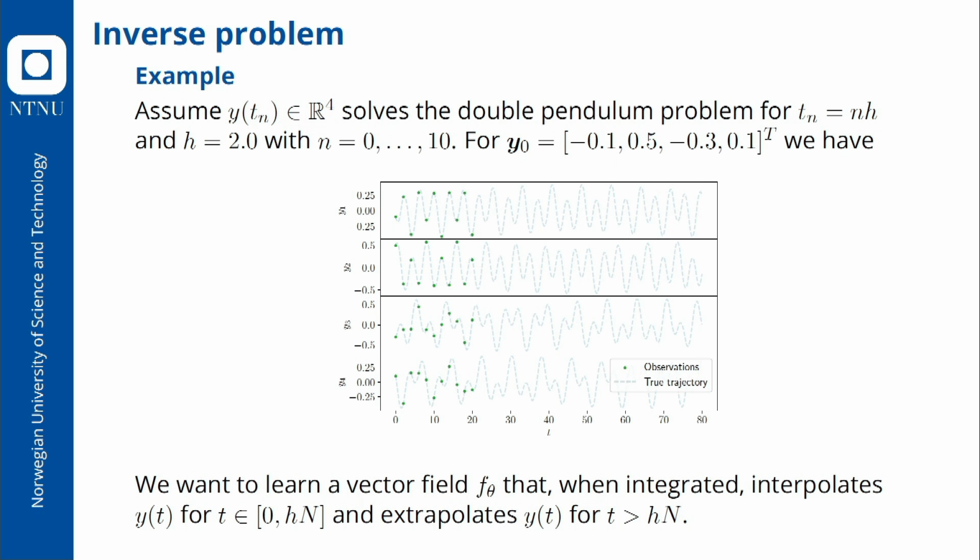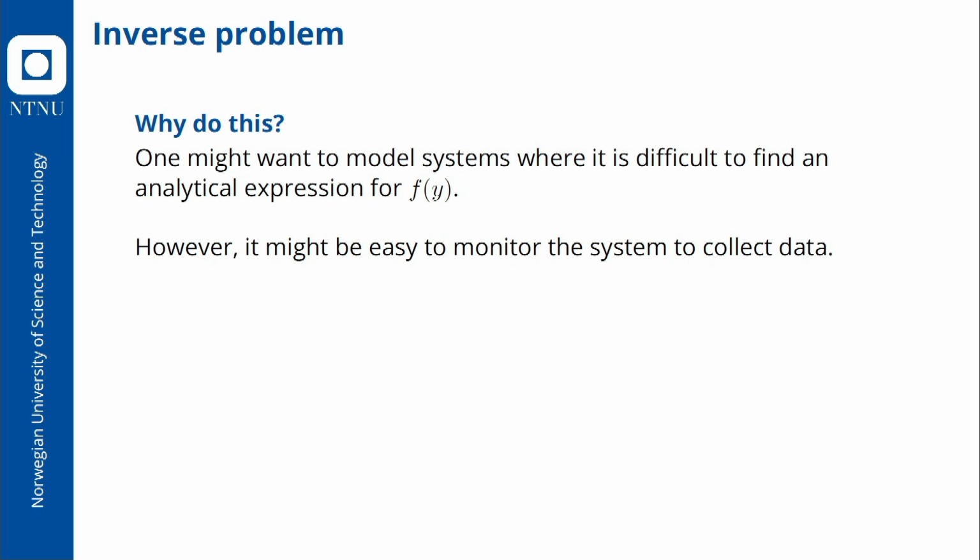Such that ideally, when we integrate it, we will obtain a trajectory that tracks these points, and ideally we would want to interpolate between the points, and even better if we could extrapolate after the end points in time. That would be even better.